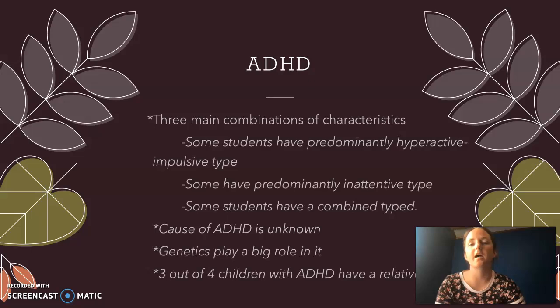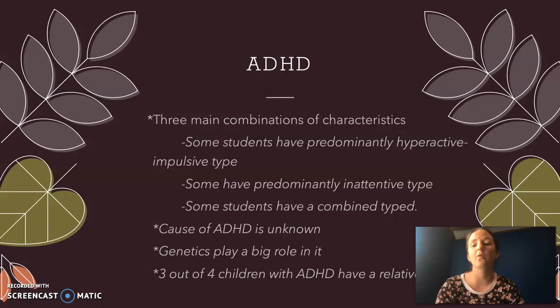ADHD is attention deficit hyperactivity disorder, and there are 3 main combinations of characteristics that you see in students that have ADHD. Some students have predominantly hyperactive-impulsive type, where they're just jumping off the walls, it seems like. Some predominantly inattentive type, and some students have a combined of both.